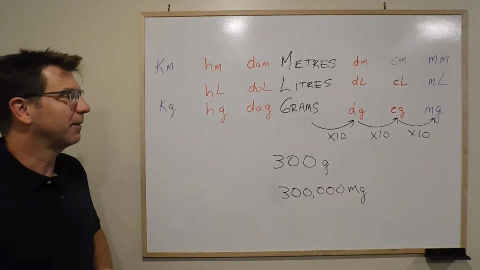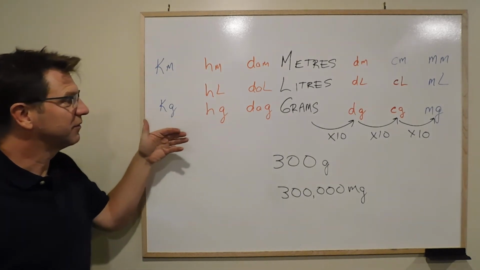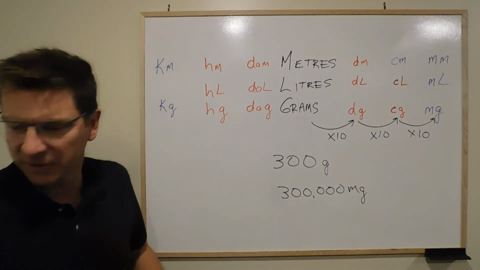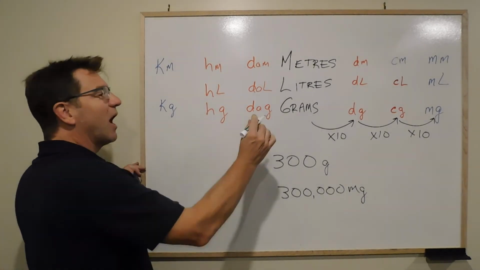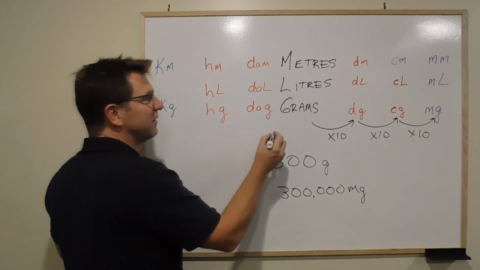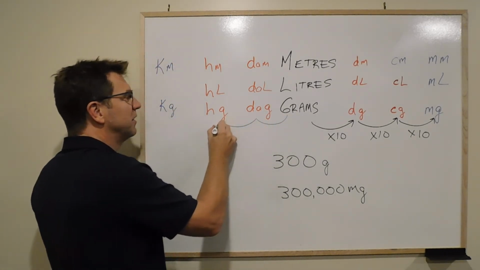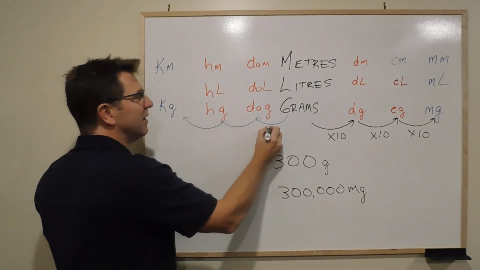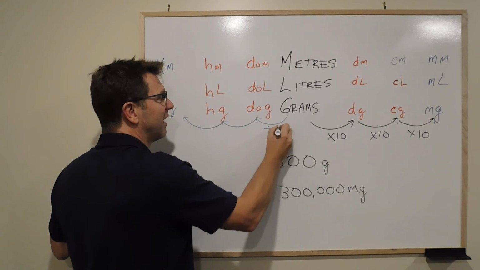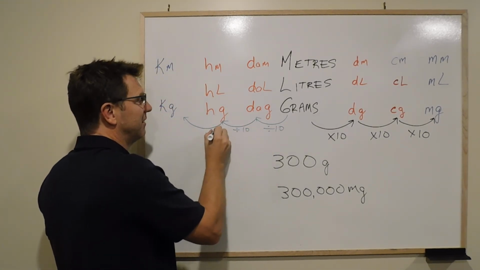Let's say I want to go the other way, from grams to kilograms. We're going to use green. We haven't used green a whole lot, but we're going to use green. As the units get larger, my 300 grams, I would have to go 1, 2, 3, and each time divide by 10, divide by 10, divide by 10.